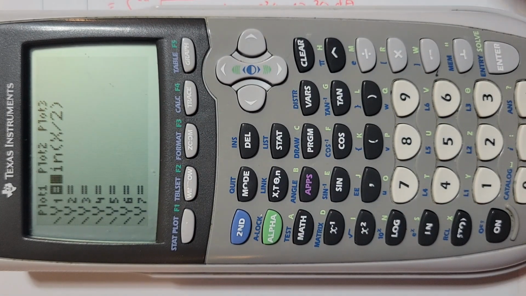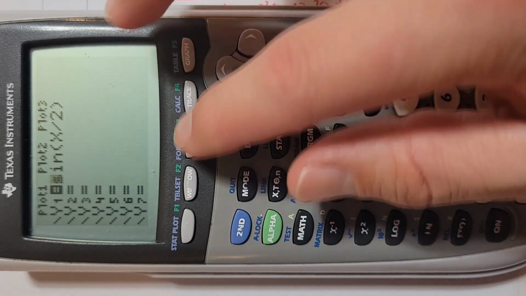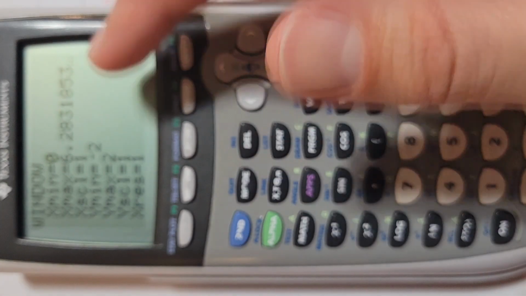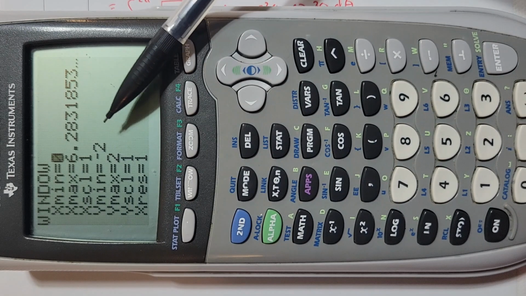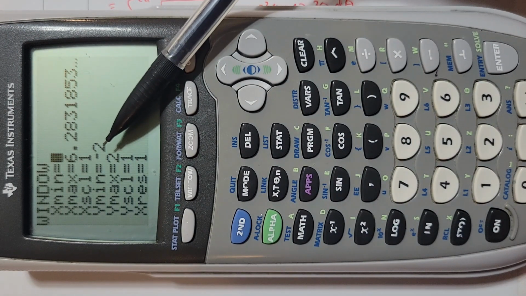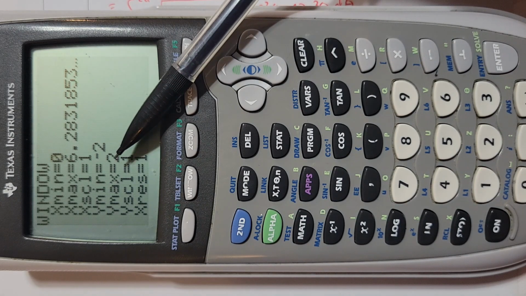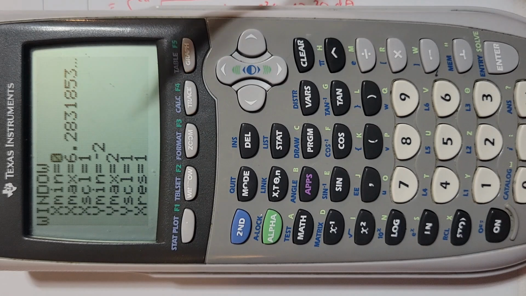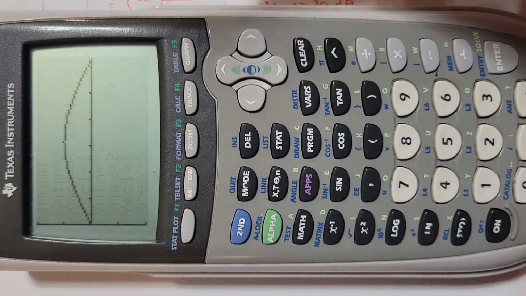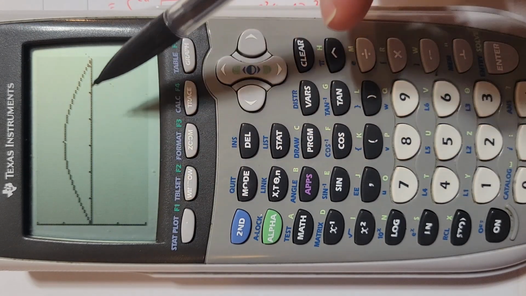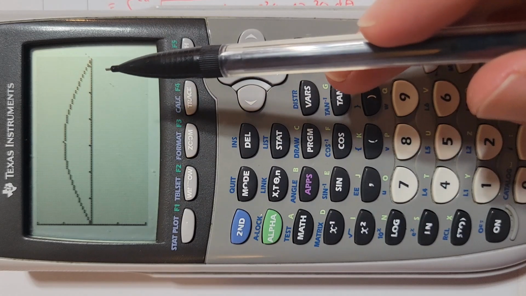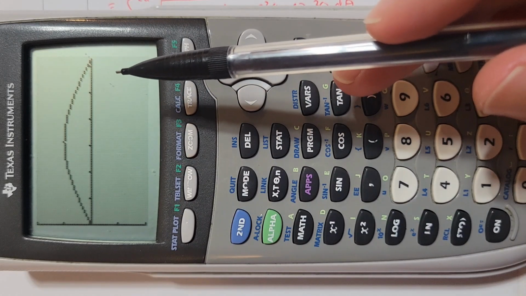If I look at the window, I'm going from 0 to 2 pi, and from -2 to 2 on the y-axis. Then if I hit graph, this is the entire curve on the interval of 0 to 2 pi for sine of theta divided by 2.